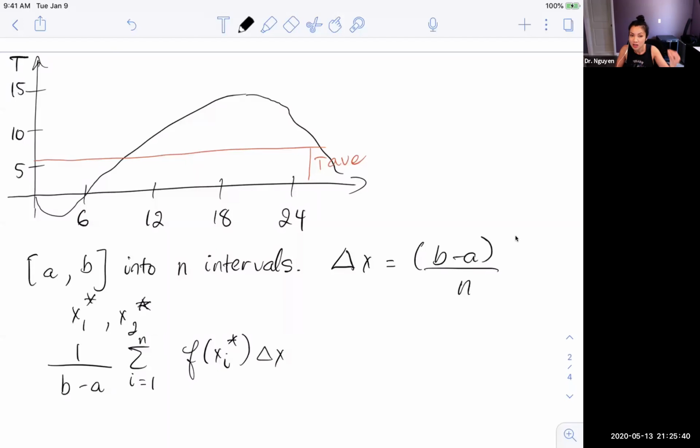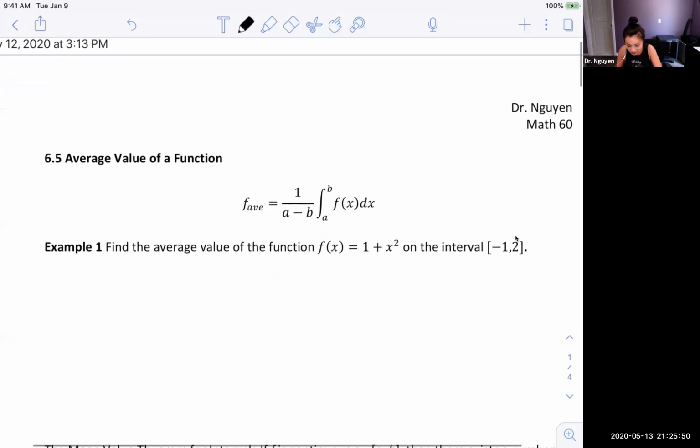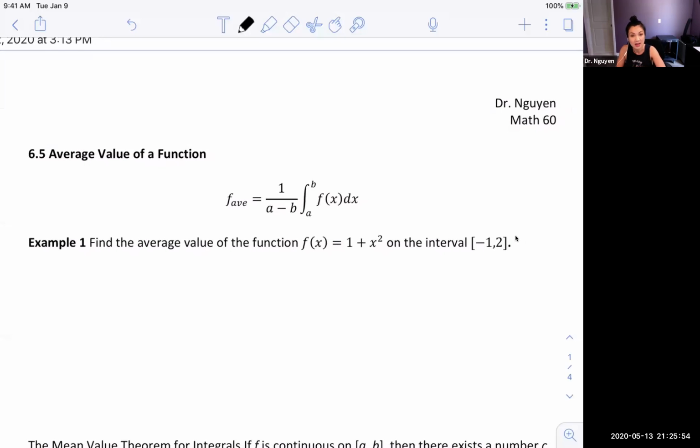And then just like what we did before, we take the limit, and we end up with the integral. So the average value of a function is defined as that: 1 over b minus a. I'm so sorry, this is b minus a. And then we have the integral from a to b of f of x dx.